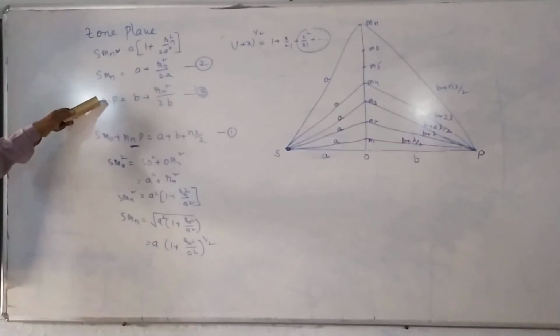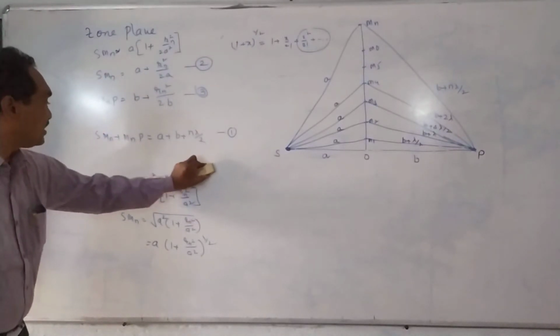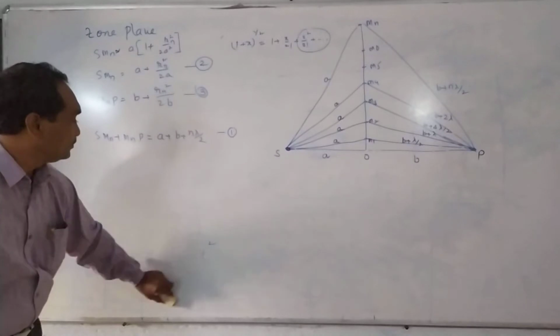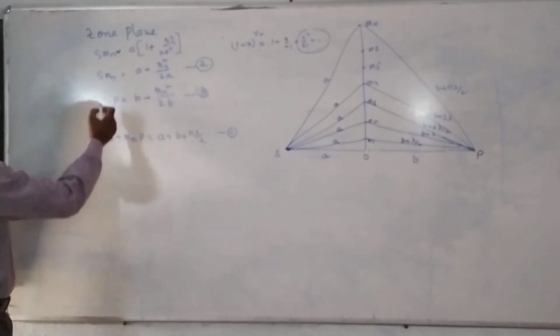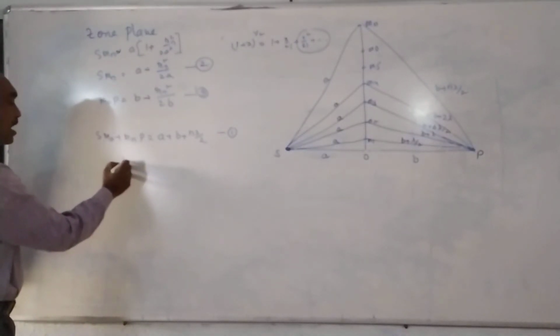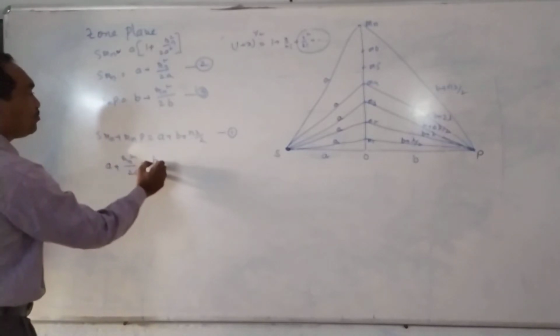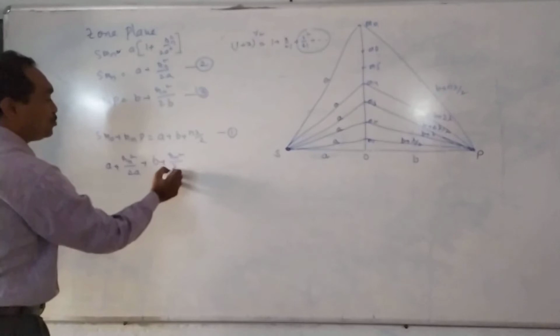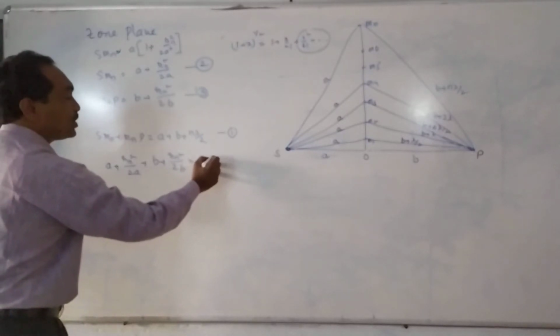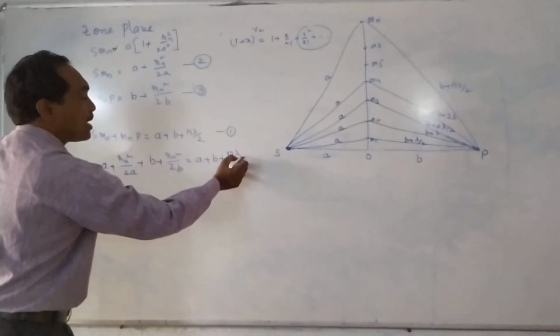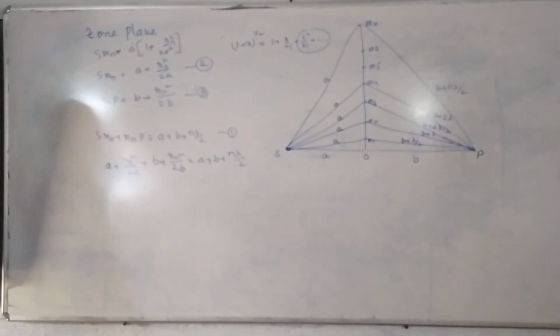When these two values are substituted into equation 1, SMN is A plus Rn square by 2A, plus MNP which is B plus Rn square by 2B, equal to A plus B plus n lambda by 2. Am I right? Any cancellations?